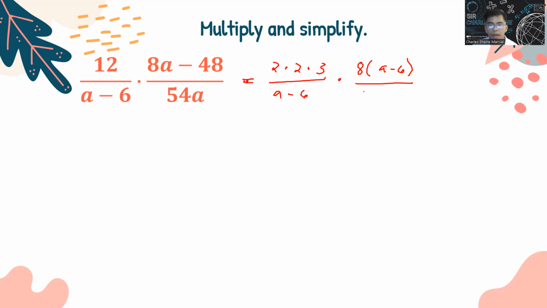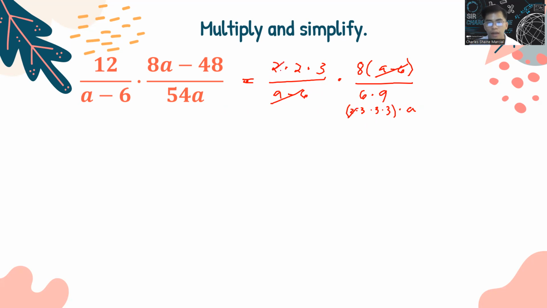And also for 54a, we have 6 times 9, right? Or using prime factorization, pwede rin siyang 2 times 3 times 3 times 3. Okay? That's another choice para makancel natin lahat. Okay? Now, let's have another a because 54a siya. Okay po, cancel out na natin yung common factors. We have a minus 6 from numerator and denominator.